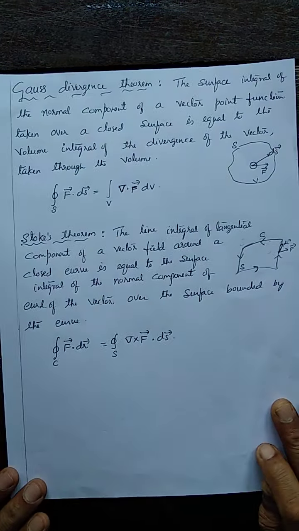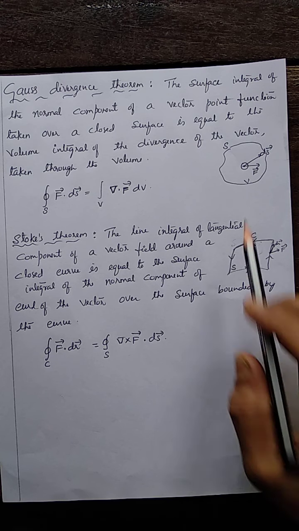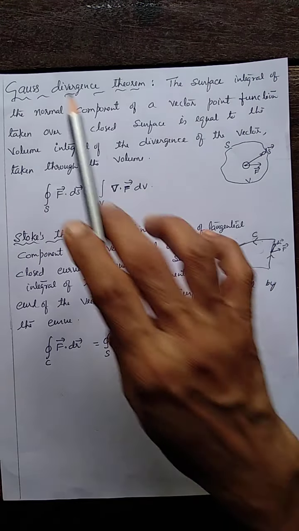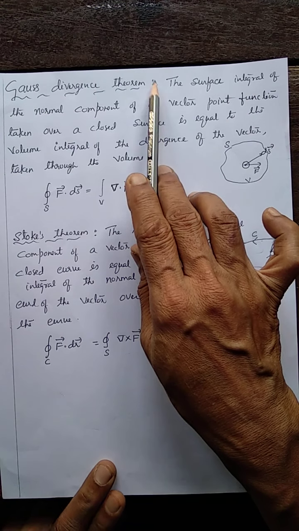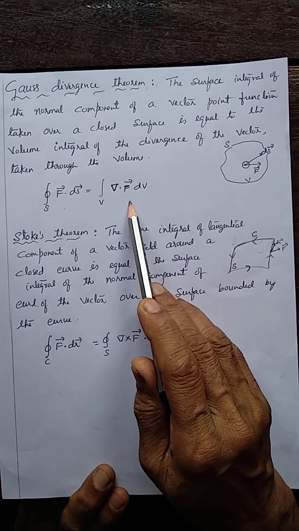Now, two more theorems, just a statement only. One is the Gauss theorem, the other one is the Stokes theorem. Gauss theorem, or Gauss divergence theorem, is used to convert a surface integral into a volume integral.